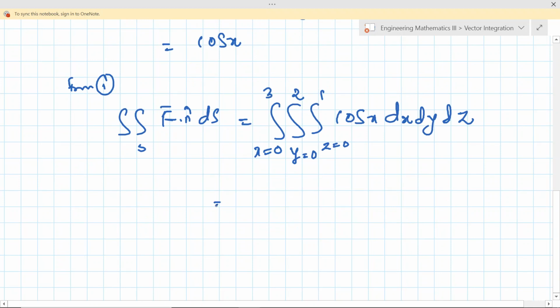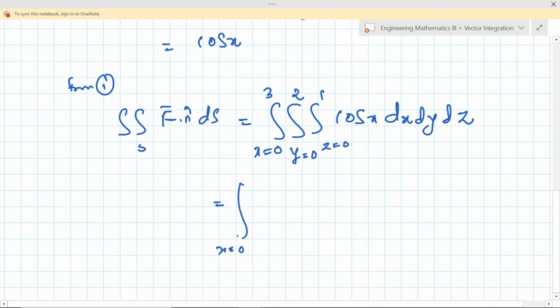So we first integrate this one: x runs from 0 to 3, y runs from 0 to 2, cos x dx. Or otherwise you may separate these three integrals as well. See how they are.